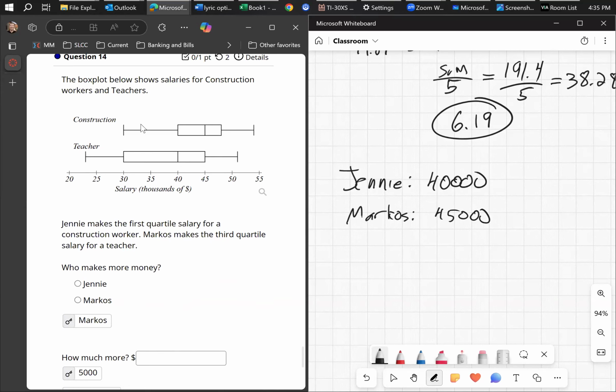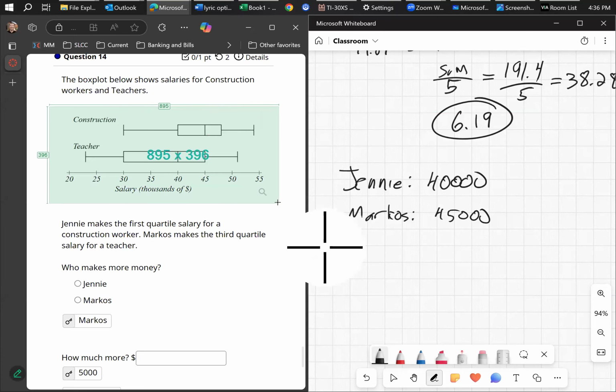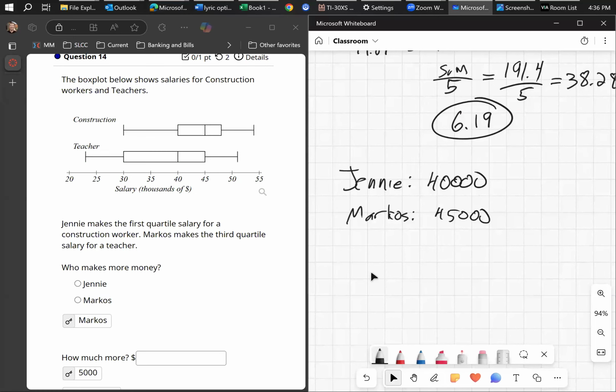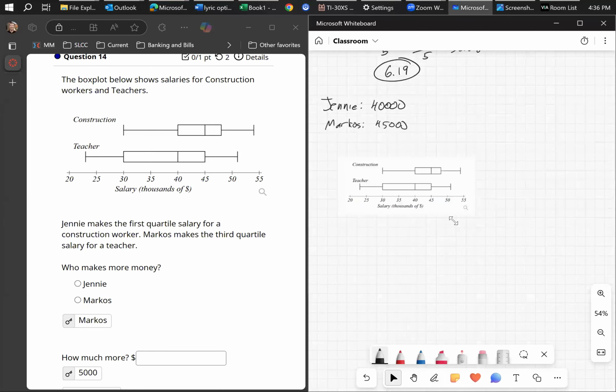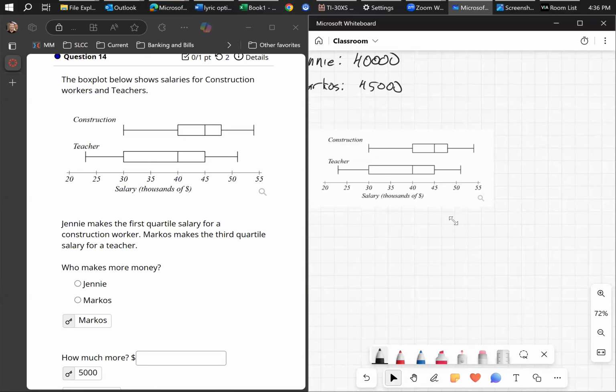You could also say things like 25% every. So let's say Marcos, what did he make? Third quartile for a teacher. So this third quartile for a teacher, let me copy that over. There we go.